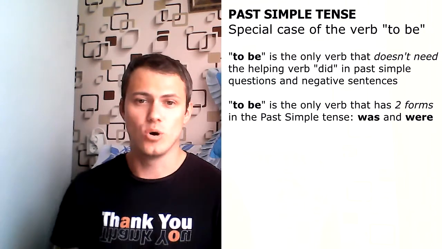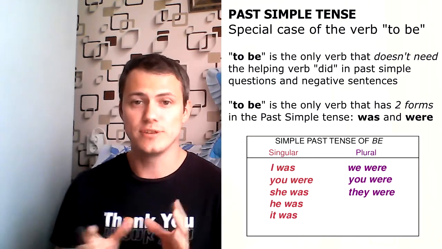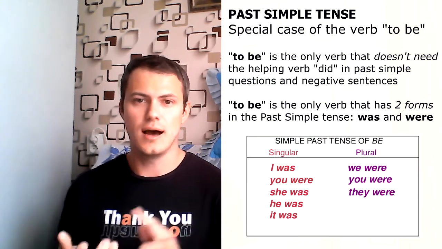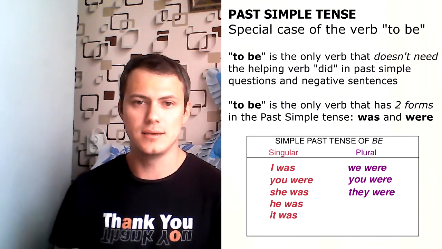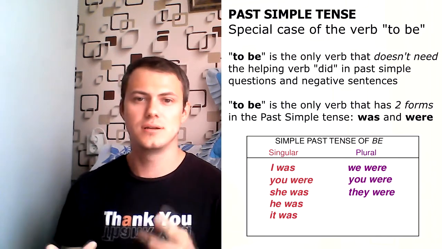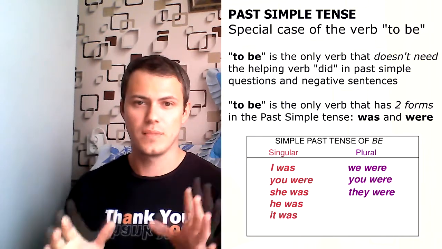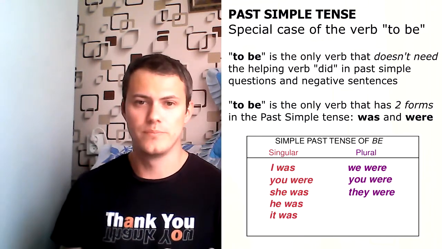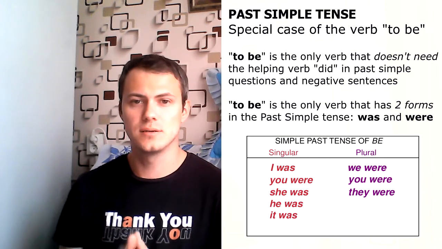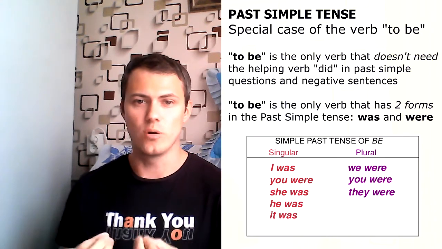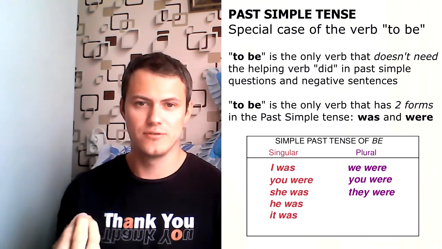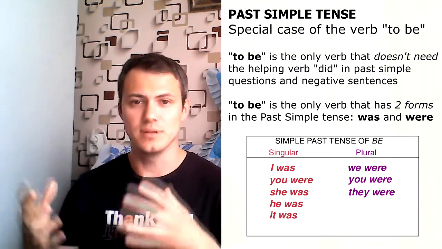When the subject of a sentence is I, he, she, it, or any other singular noun, we must use the form was for the past simple tense of the verb to be.